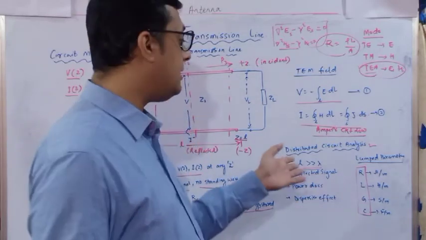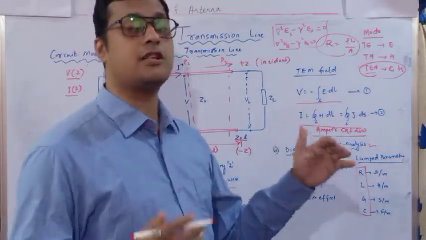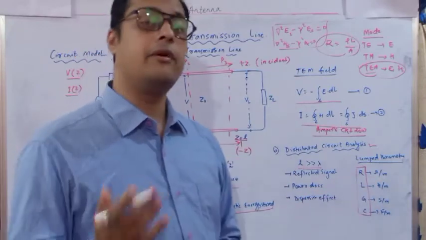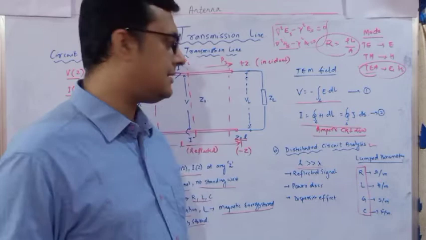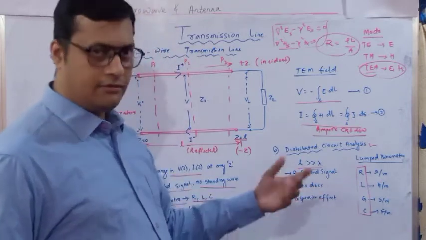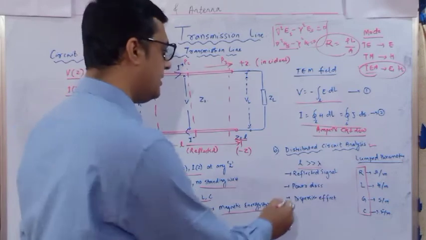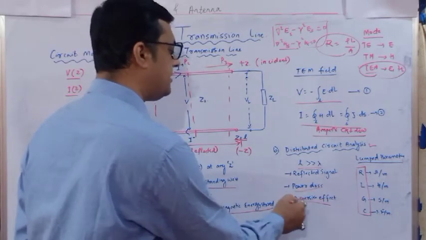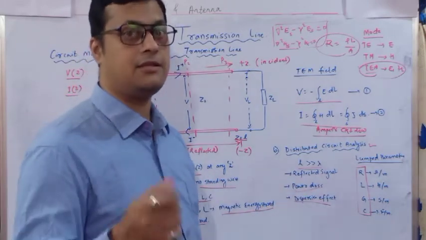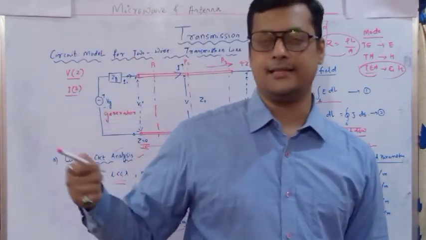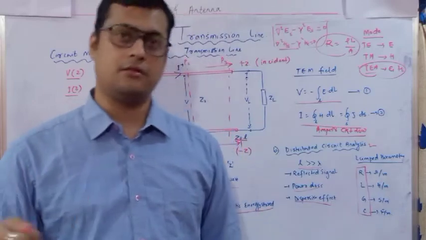So the length is used to transmit information at very high frequency and very small wavelength, and a reflected signal will be there, because as length increases, reflected signal, power losses and dispersive effect will be there. The dispersive effect is due to the change in phase velocity. As the distance increases, the velocity of information also deteriorates.